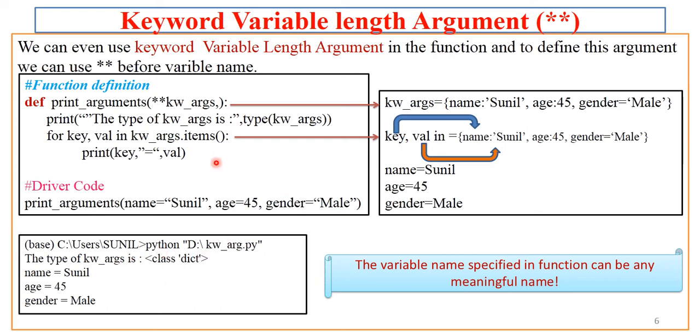That's why I am able to fetch all the dictionary items using the items function of the collection, which is a dictionary collection. So it is very simple. Key and value will be printed each time by the print statement which is part of the for loop. I hope you understood these two important topics of this lecture.